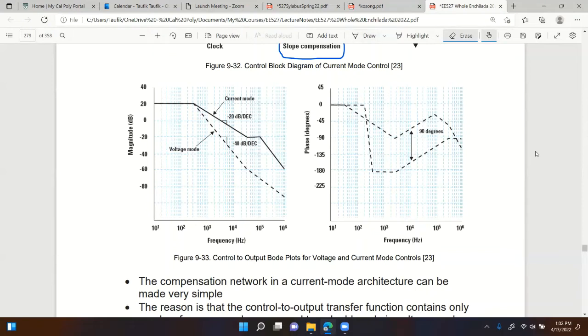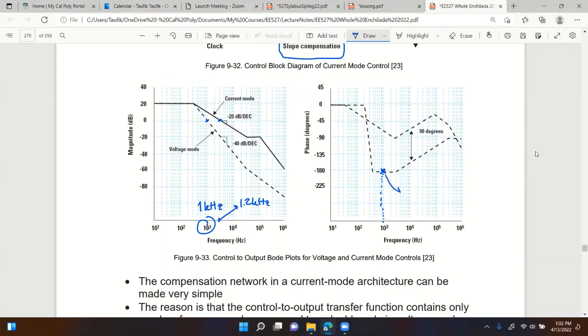Let's see. What is the crossover frequency here? Crossover frequency is about 1 kilohertz for voltage mode. For current mode, it's about 1.2 kilohertz. So let's go to the phase plot. 1 kilohertz is right there for the voltage mode.